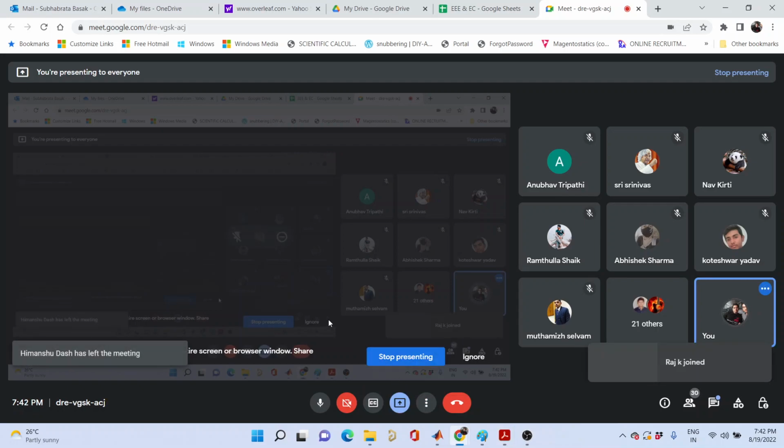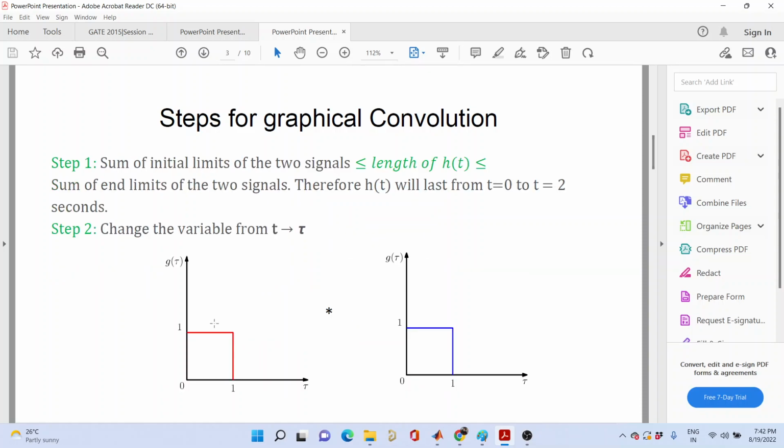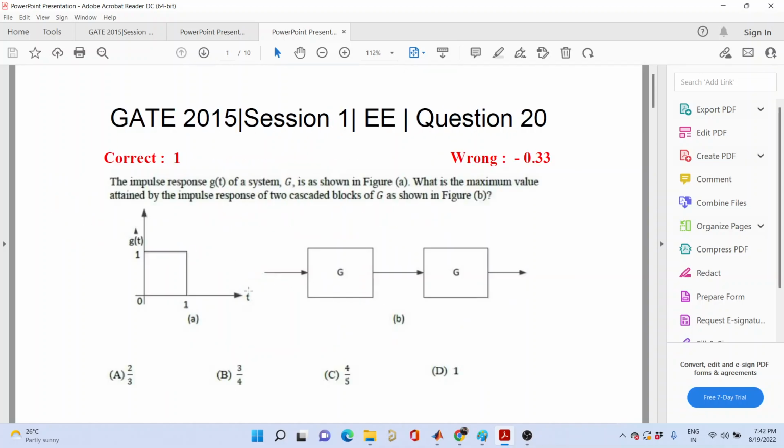Anybody from the audience? Sir, small doubt, sir. Yes. Sir, can you explain step 2, sir? Step 2. Okay. In step 2, I have changed the variable from t to tau. What is the doubt in it?